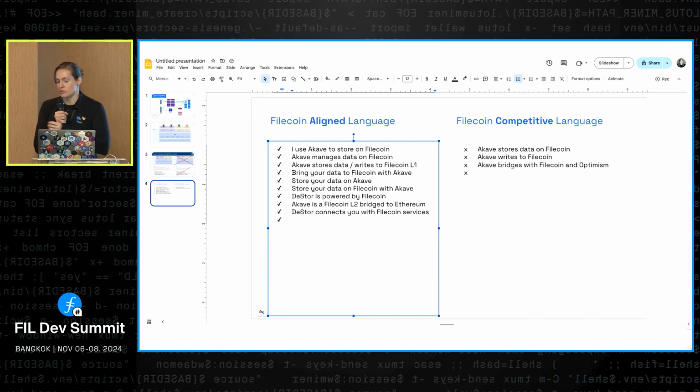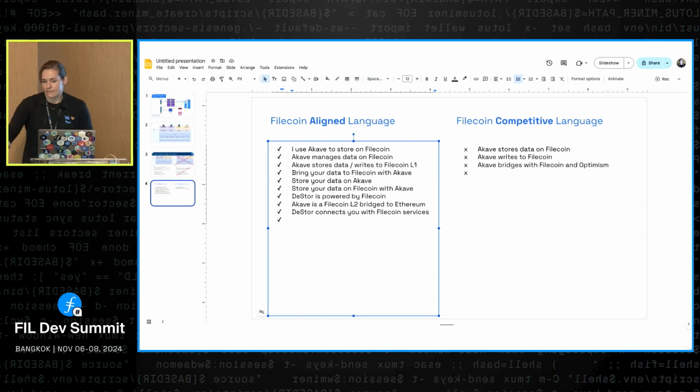Whereas things like Akave, Storacha, et cetera, are included within the Filecoin offering, the Filecoin community, and are highly integrated. And as a client, you can work with them as your entry point to Filecoin. Akave is my entry point to Filecoin.